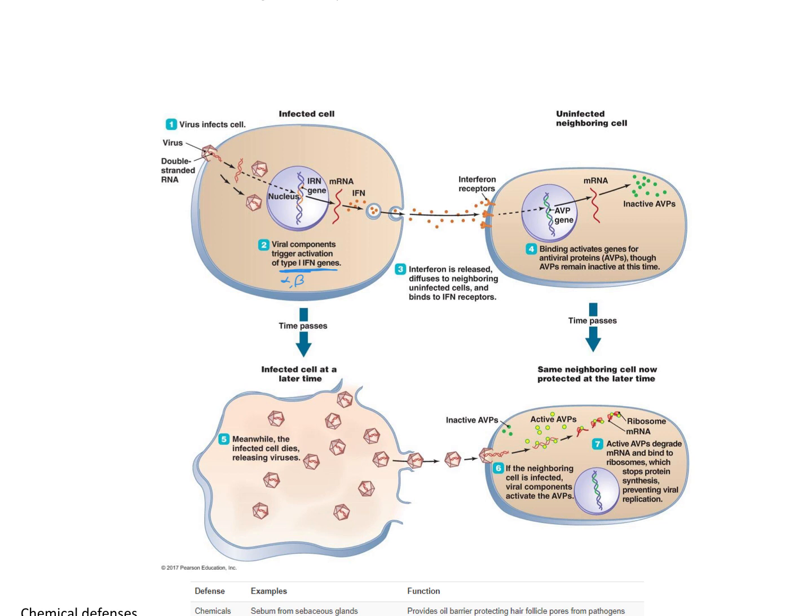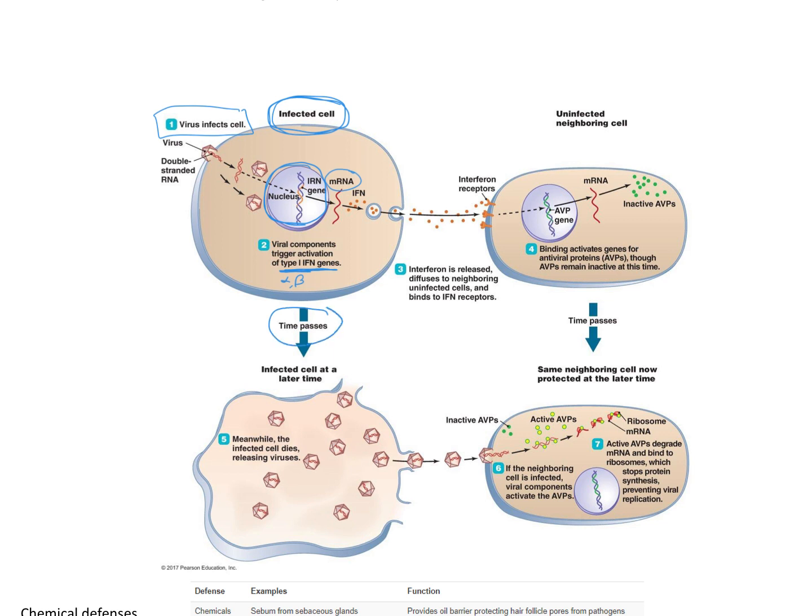Here we have some cell in our body that has been infected by a virus. That virus is taking over the cell's DNA, taking over the cell's proteins, making its own ribosomes, its own messenger RNA, its own proteins.